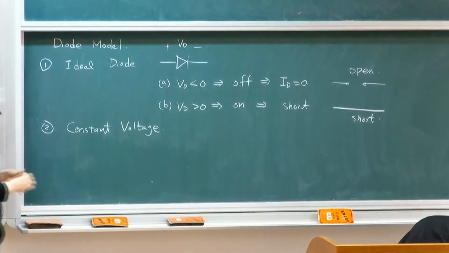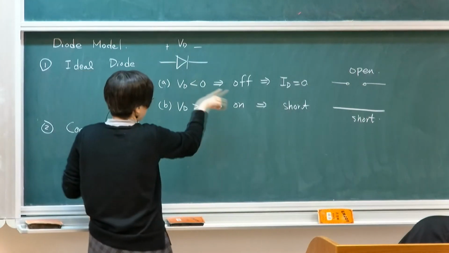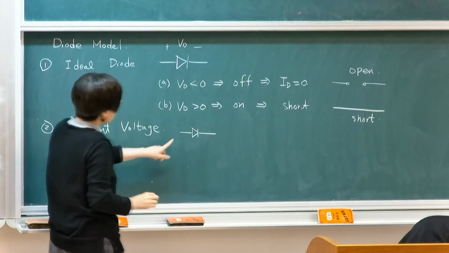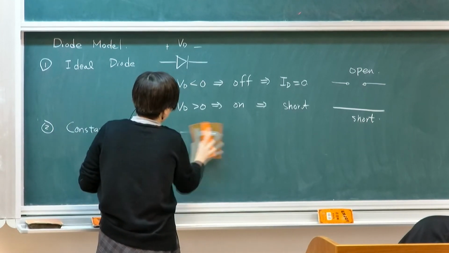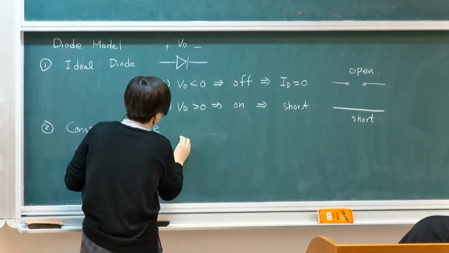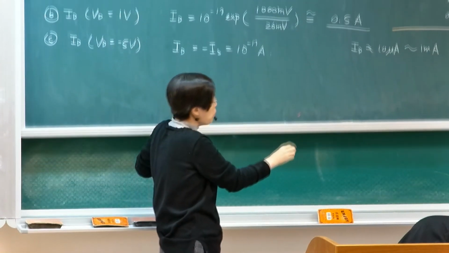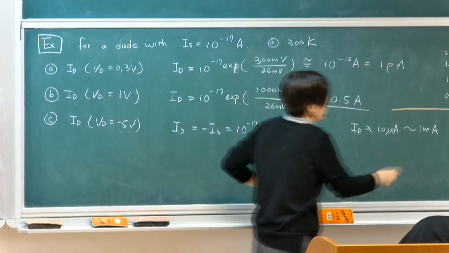So the constant voltage model is that aside from just giving an on and off, I'm addressing that you actually need to apply a certain amount of forward bias in order for this device to turn on and get a significant amount of current. So aside from having the short or open, the diode will then be modeled with also 2 points. I'm just expanding my cutting point to a parameter called VD-on.